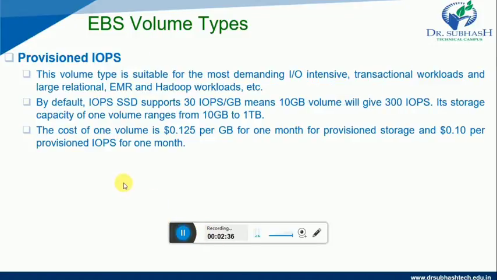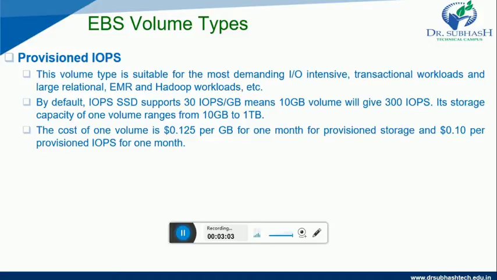The next one is provisioned IOPS. This volume type is suitable for the most demanding input output intensive transactional workloads and large relational, EMR and Hadoop workloads, etc. By default, IOPS SSD supports 30 IOPS per GB, meaning a 10 GB volume gives 300 IOPS.